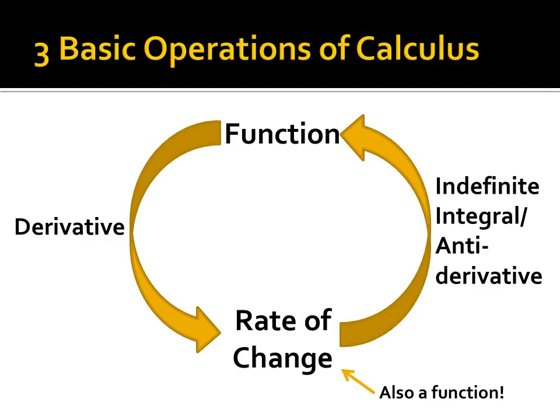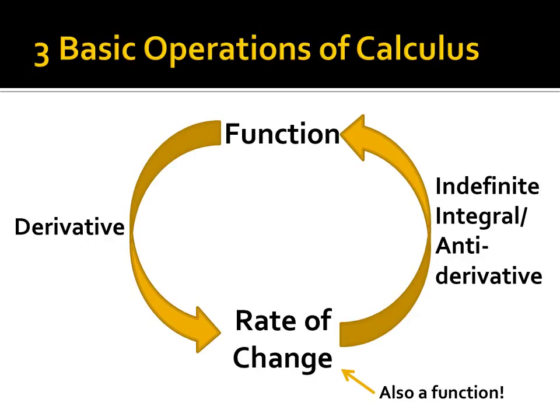Except under some very unusual circumstances, velocity does change with time. So time is our independent variable, and rate of change would be velocity, which is itself a function of time. In other words, if you're going along at 50 miles per hour and then you hit the brakes, your velocity will decrease. So your velocity changes as your independent variable, time, changes.